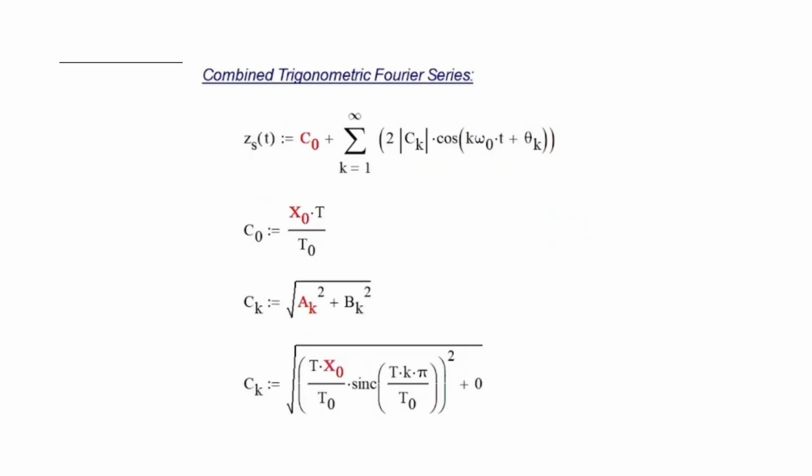Lastly is the derivation using the combined trigonometric Fourier series, using this general formula. Given that c sub naught equals x naught T over T naught, and c sub k equals the square root of a sub k squared plus b sub k squared, and substituting the values given, which were solved earlier in the trigonometric Fourier series, c sub k equals T x naught over T naught sinc of T k pi over T naught, squared plus 0.